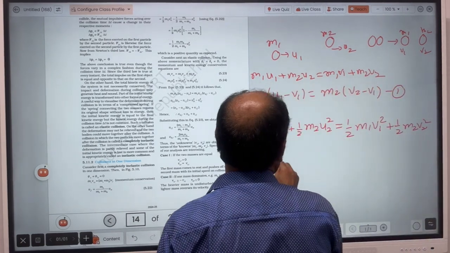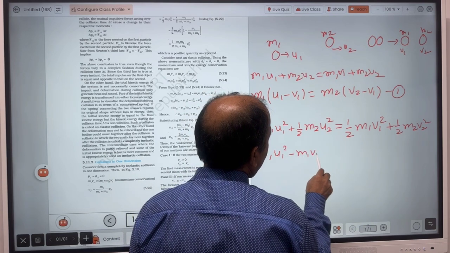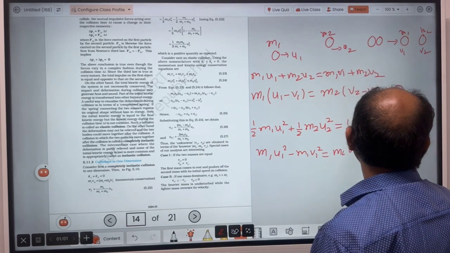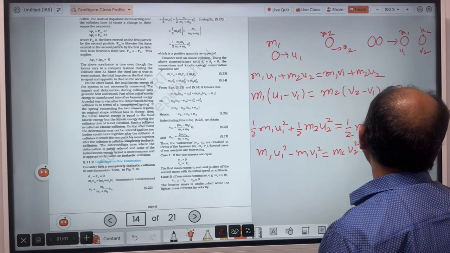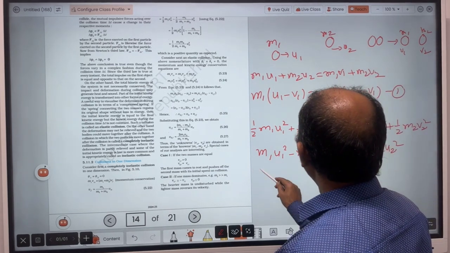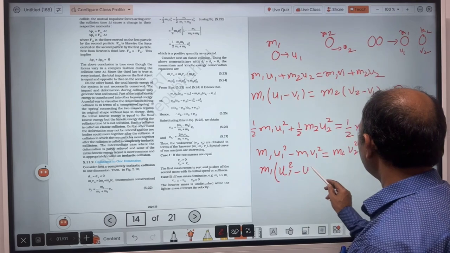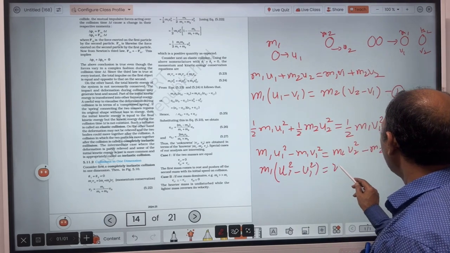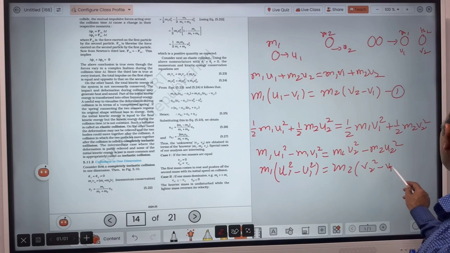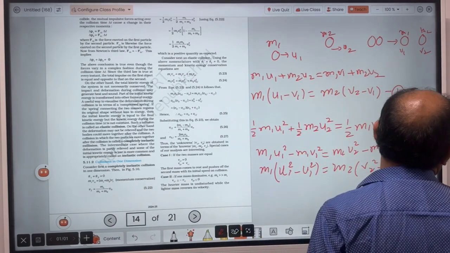So what do you get? m1 u1 square minus m1 v1 square is equal to m2 v2 square minus m2 u2 square. Now m1 can be taken out and you will get u1 square minus v1 square is equal to m2 times v2 square minus u2 square. Now this is equation number 2.